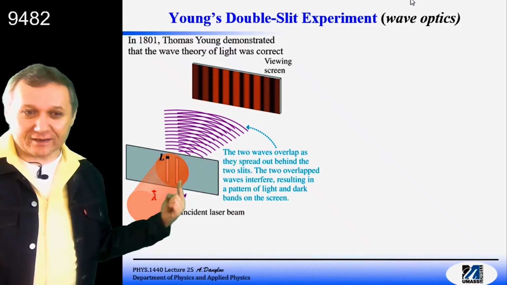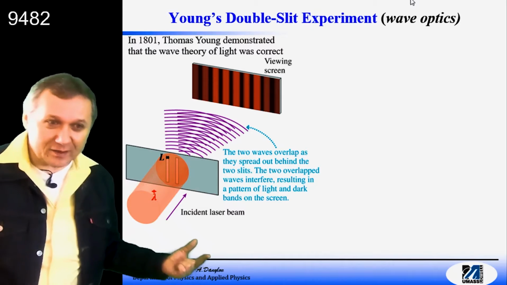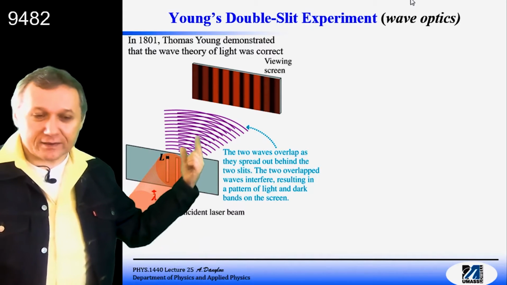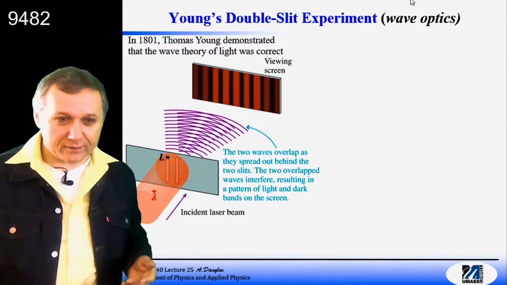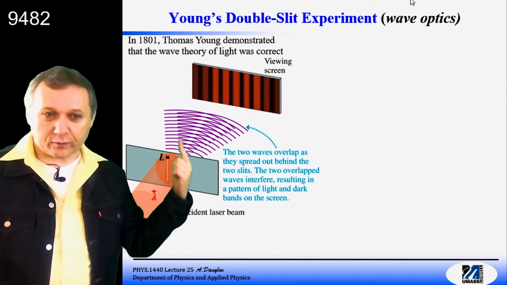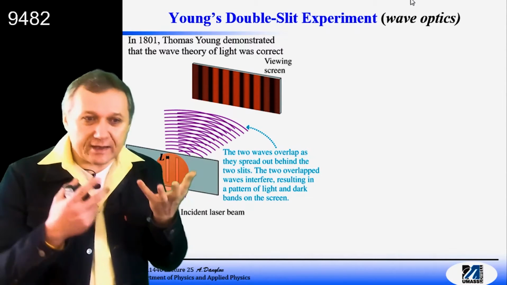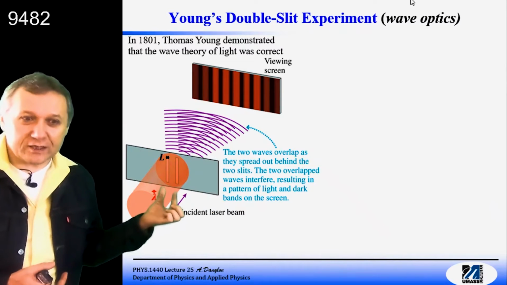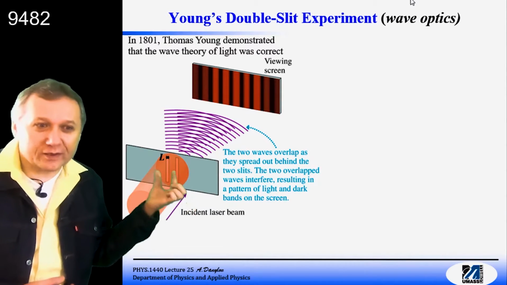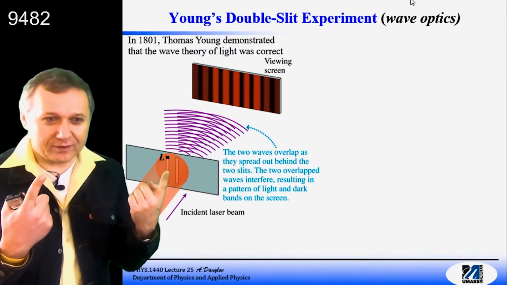Then the second slit is going to do exactly the same. It's going to create the second circular wave. These two circular waves are basically exactly the same, because at this point we just split our laser light into two.